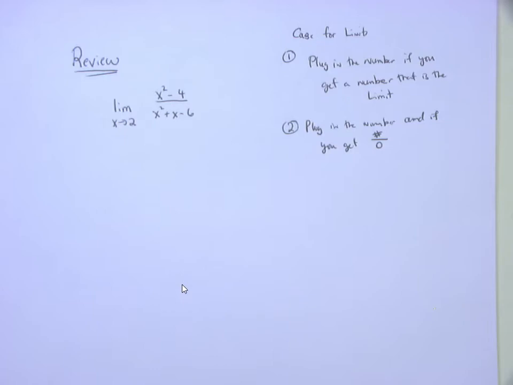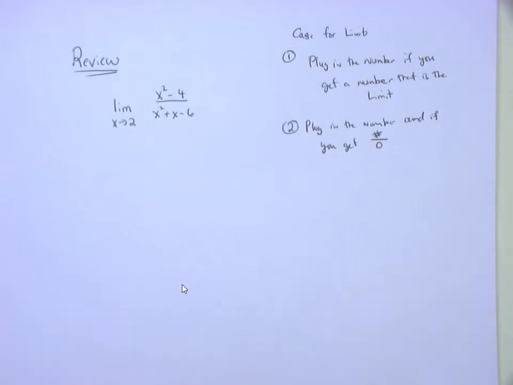But here's the real deal. As you get very, very close to dividing by 0, you're going to blow up to either infinity or negative infinity. The way we define full limits in this class is your limit has to go to a number. Infinity is not a number. It's an idea. It's the biggest number you can think of, plus 1, or negative infinity, the smallest number you can think of, minus 1. It's a number you never get to.